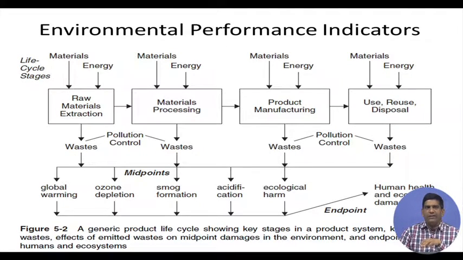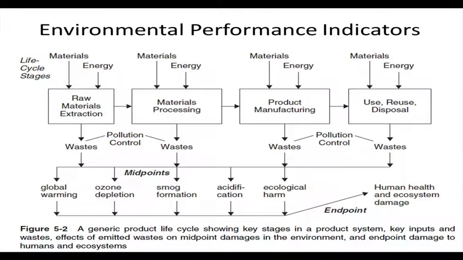So let's look at this particular chart, and then we'll end this module. In terms of the life cycle stages, which we saw earlier as well: raw material extraction, processing, manufacturing, use, and disposal. For each one of these, there is material and energy input. For each one we have some waste being produced, and we can use pollution control to reduce the waste.